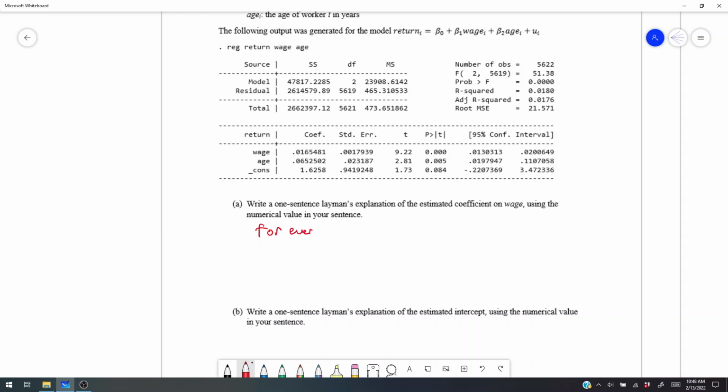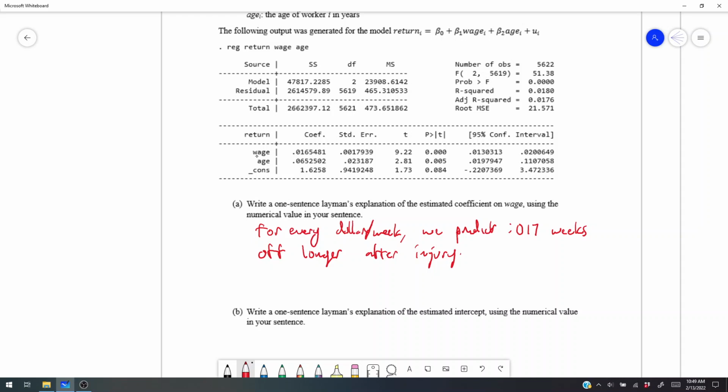For every dollar per week you make, we predict 0.016 or 0.017, you can round that up, weeks longer off after injury. Something like that would be valid, right?